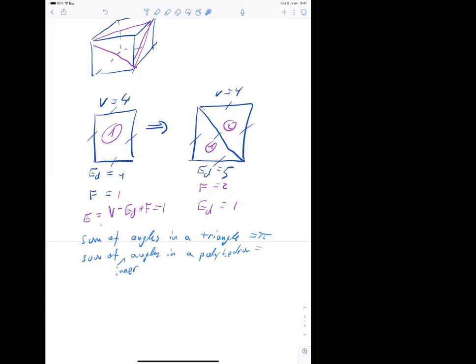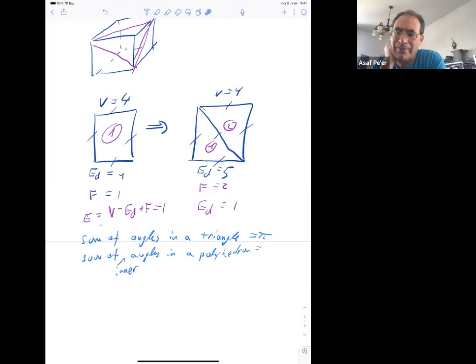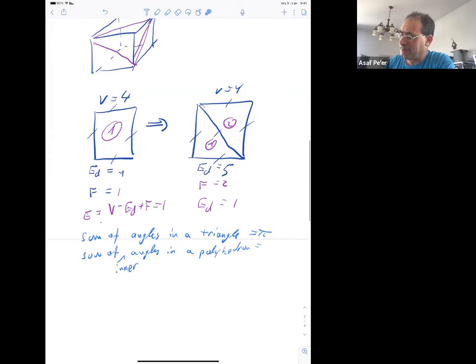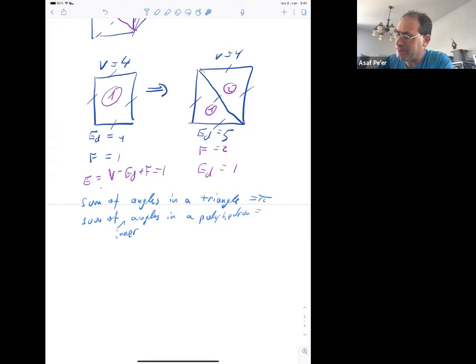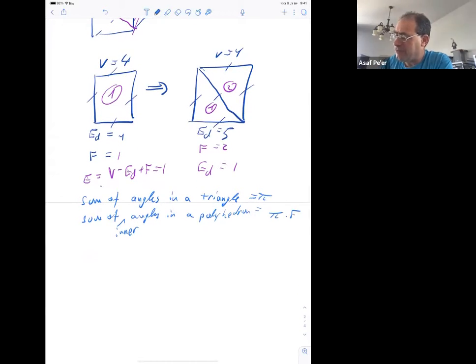How many? 12 triangles. Well, that depends on the polyhedron, right? That depends on the number of faces, right? Just pi times f, the number of faces.